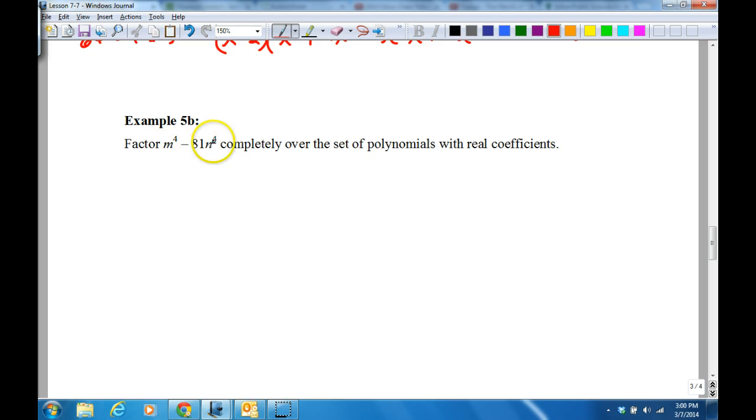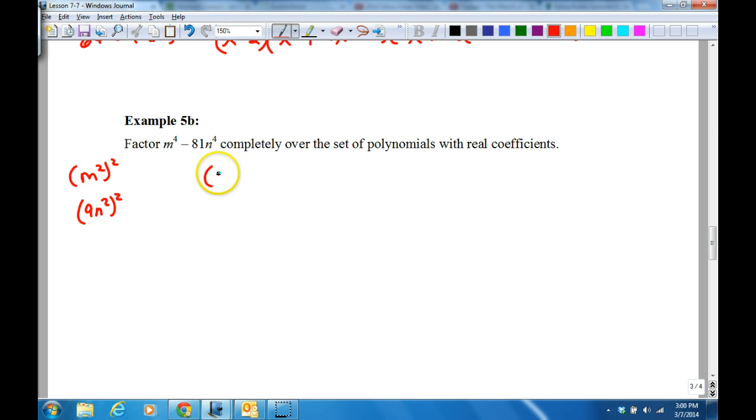Okay, so m to the 4th is the same thing as saying m squared to the 2nd, right? And 81n to the 4th is the same thing as saying 9n squared to the 2nd. So these are a difference of squares again. I can conjugate this.